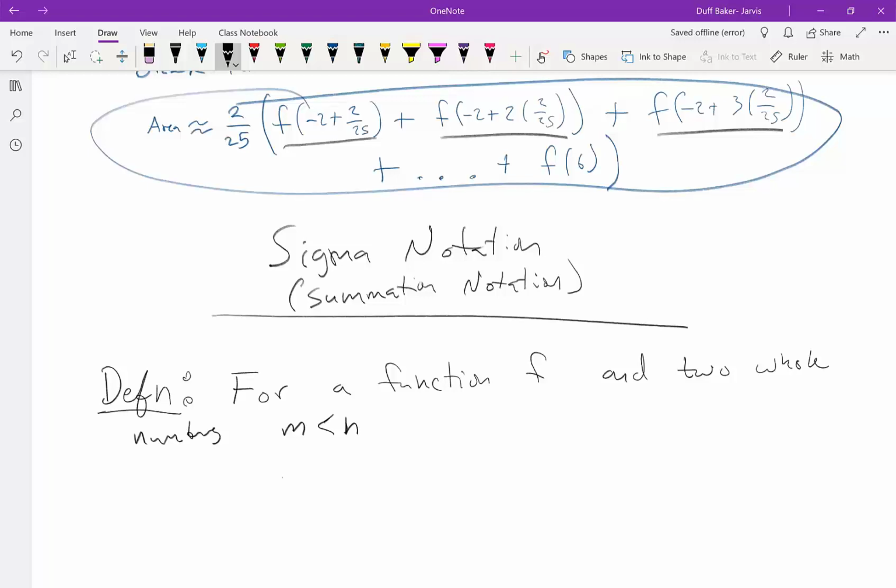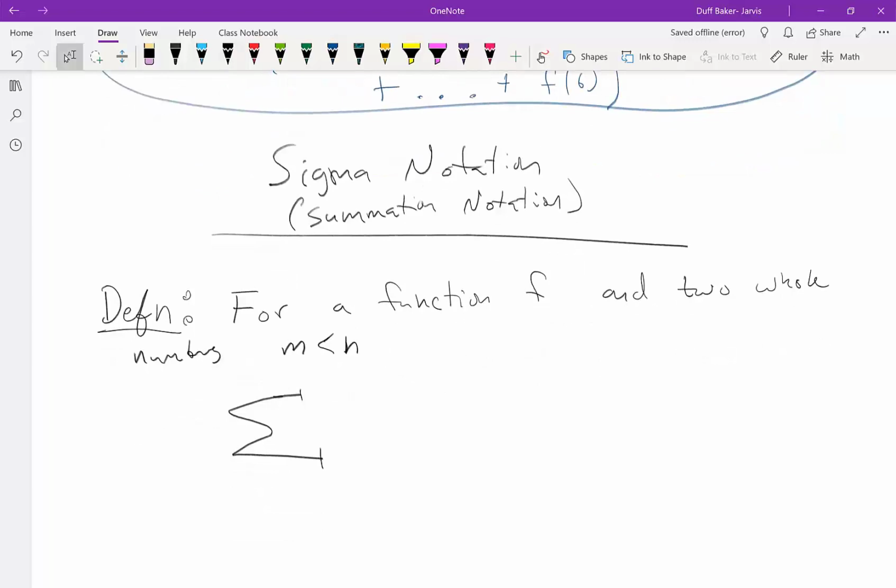Then we're going to have this new notation here. So you make this big E, which is called a capital sigma. It's a capital Greek letter. And then you put some stuff beneath it and on top of it. I guess we're doing from m to n.